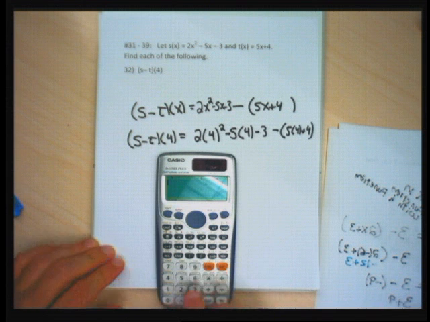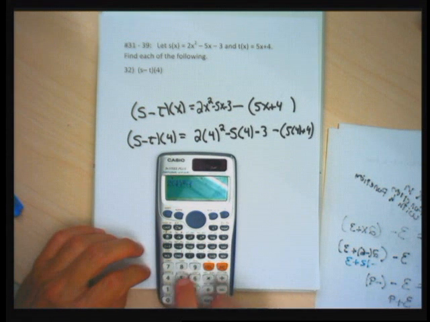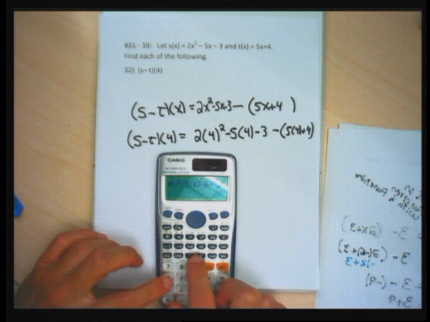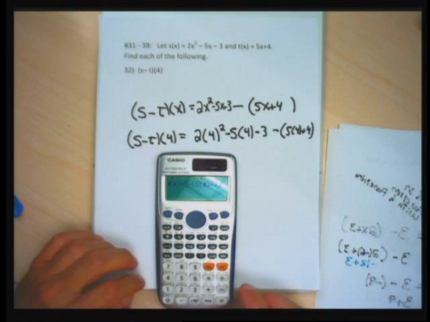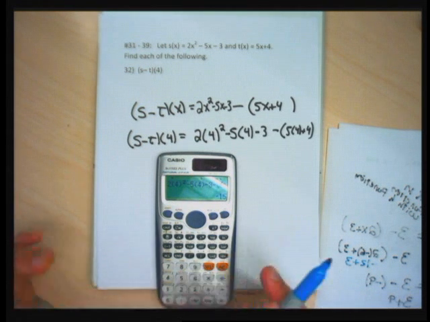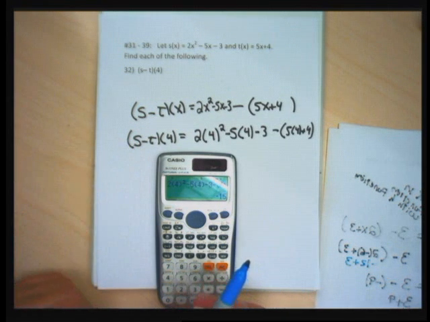So let me see if I do 2 times 4 squared minus 5 times 4 minus 3 minus parentheses 5 times 4 plus 4. Close out my parentheses, hit equals. I get minus 15, assuming I did this right on my calculator. So it's completely okay if you don't want to do the arithmetic of the numbers by hand.